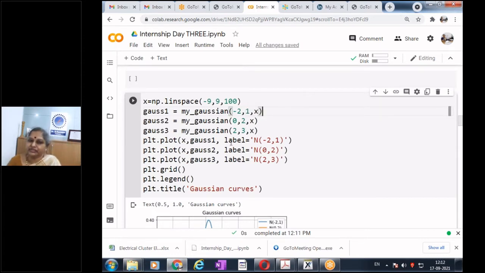Third time, with 2 and 3. Then I plot all of them. To distinguish them, I write N(mu, sigma), so mu is -2, sigma is 1. This is the standard notation for representing any Gaussian distribution.